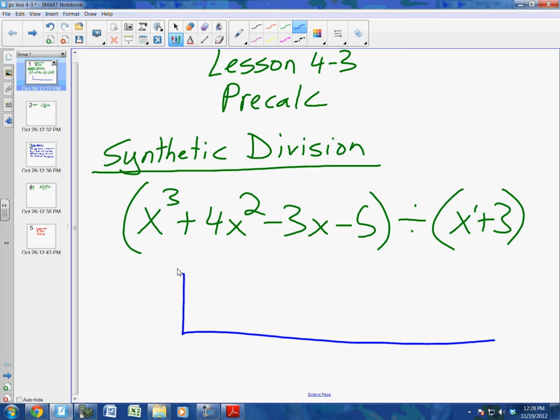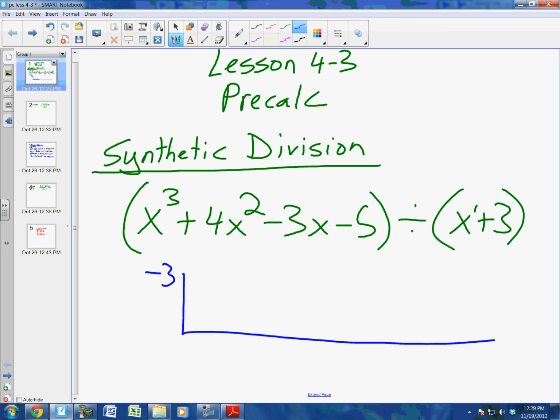Okay, I want to know what our divisor is going to be. No more guessing. Think about this, you guys. Who said that? Lydia. You guys, it's negative 3. Think about this.